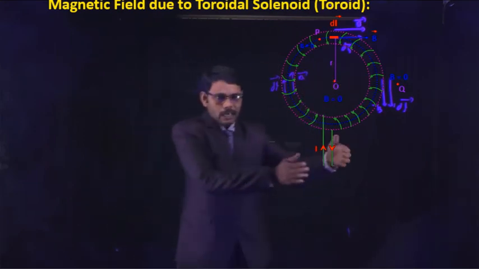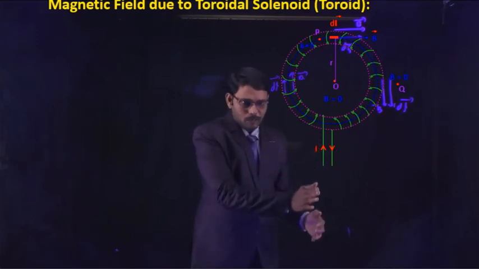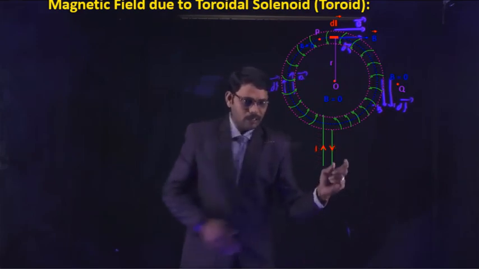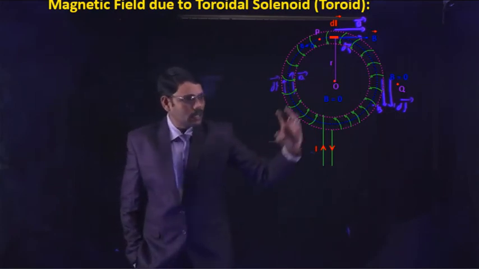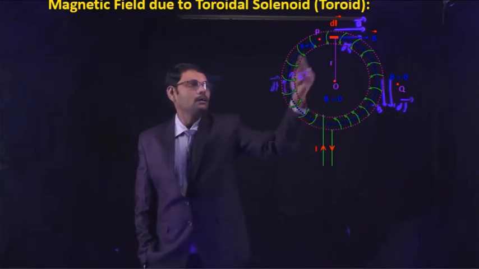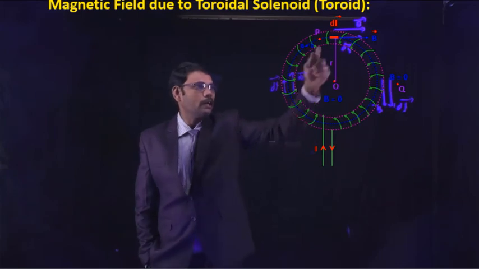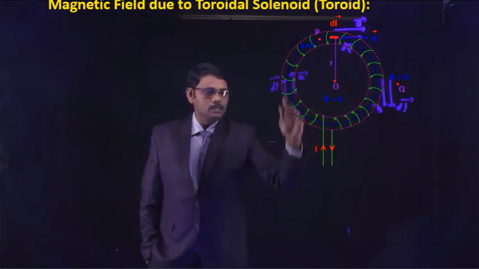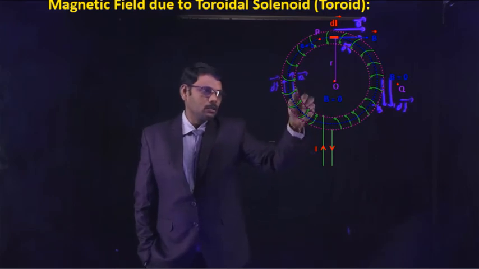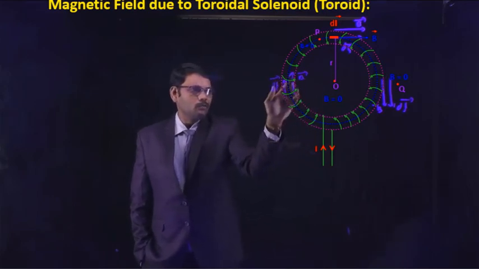When a battery connection is given, with the positive and negative terminals of the battery connected between the two ends of the wire, current passes through the wire wound around the circular shaped structure.